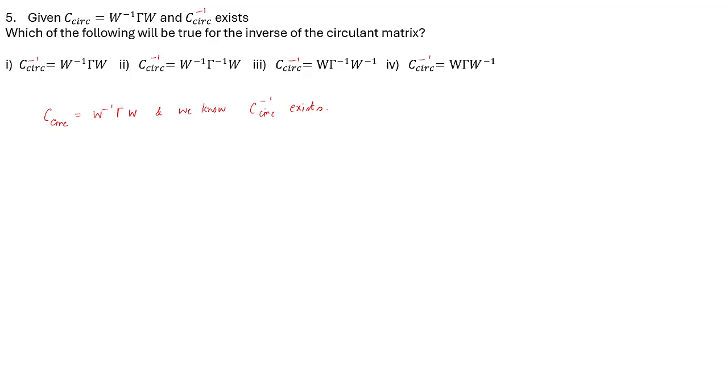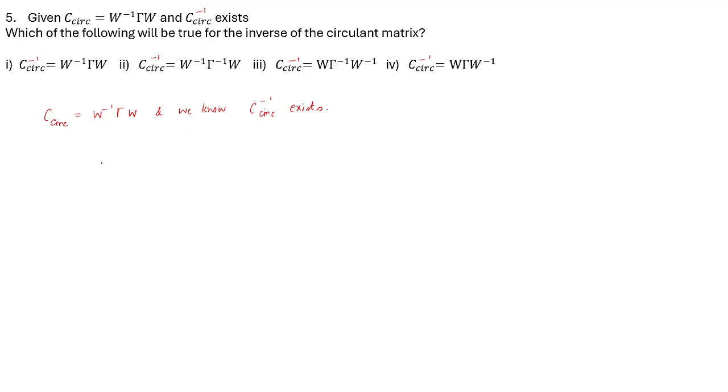If you are going to compute the inverse of a matrix, you first have to assume, either explicitly or implicitly, that the inverse exists, because otherwise, if the circular matrix is not invertible at all, there is no question of computing C circular inverse. That is why it is given that C circular inverse exists, so that we can proceed to compute the inverse of the circular matrix.